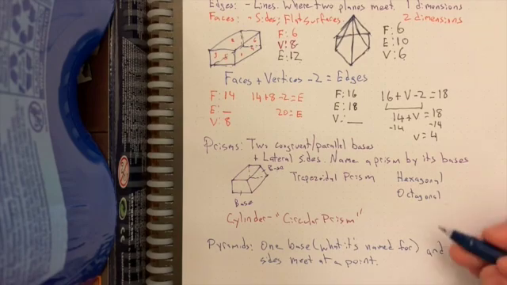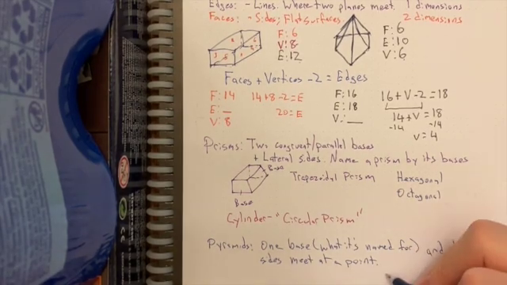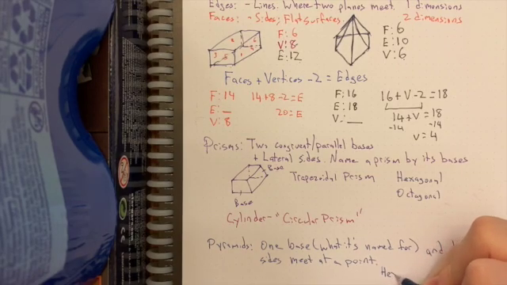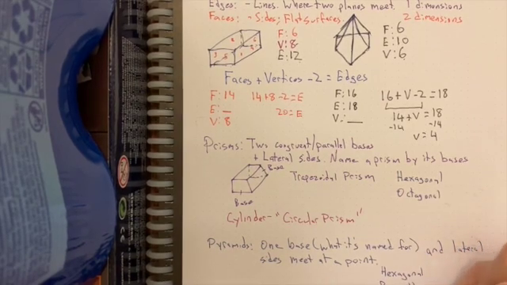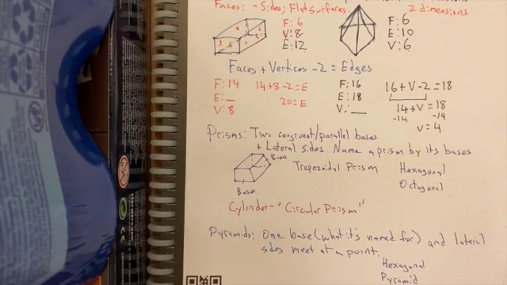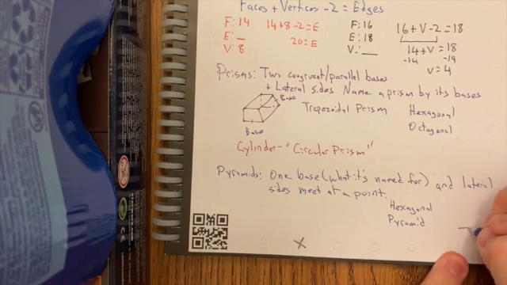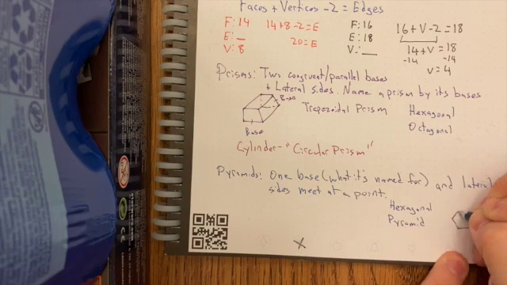So, if I wanted to draw a hexagonal pyramid, easiest way would be to draw a hexagon. 1, 2, 3, 4, 5, 6.